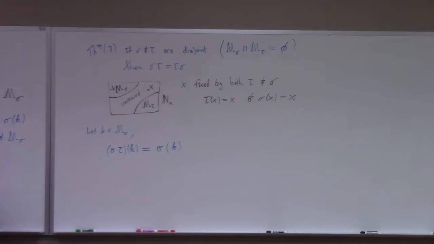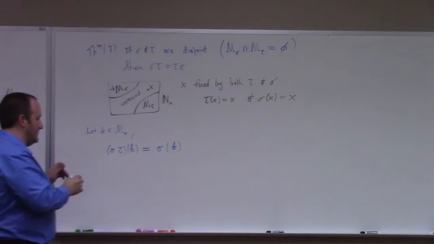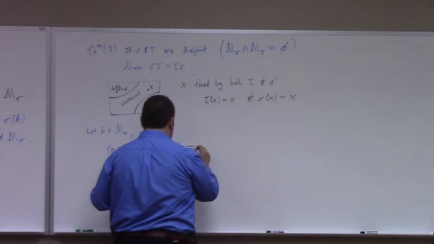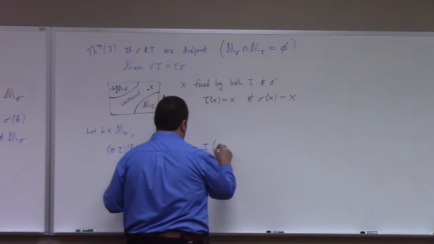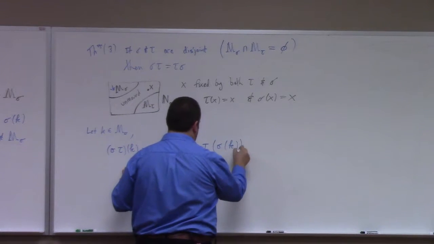But let's see here then, what can we say? I'm trying to remember how I change that to, oh, but that's equal to what? You guys tell me why this next step makes sense. Tau of sigma of k. Why do I get to say that?